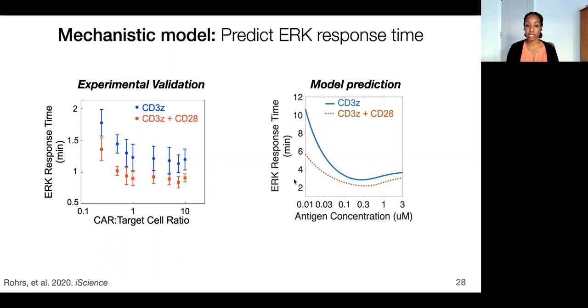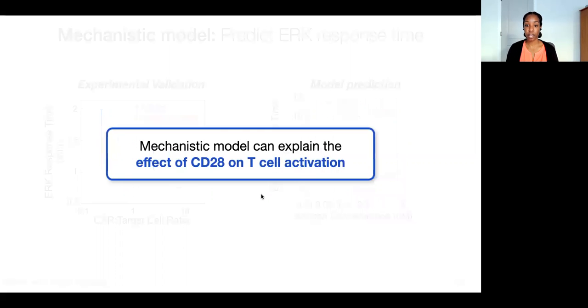But certainly the qualitative comparison is very nice. And so the model helps us to understand the effect of CD28 and how it influences CAR-mediated T cell activation, again gaining more mechanistic understanding about why it would be useful to have this particular co-stimulatory domain present on the CAR itself.